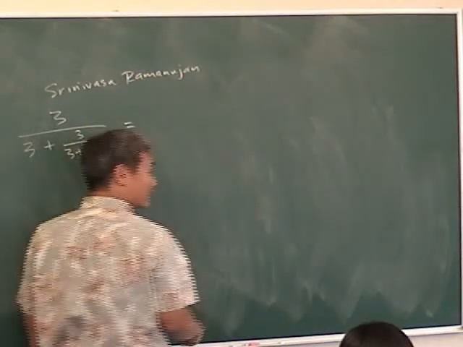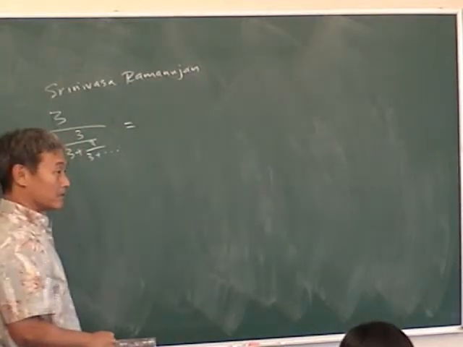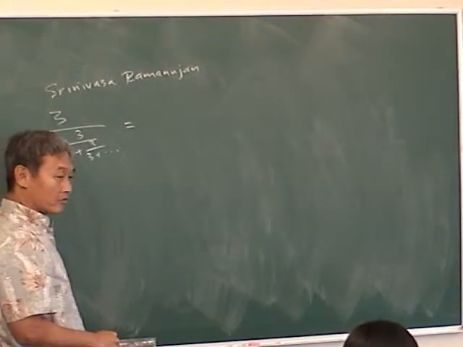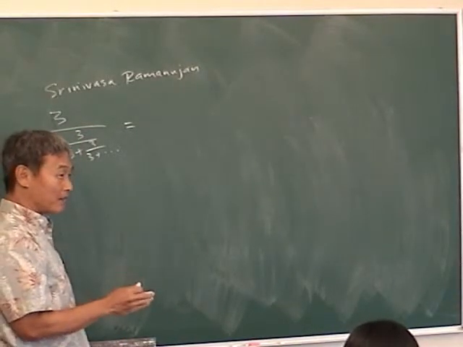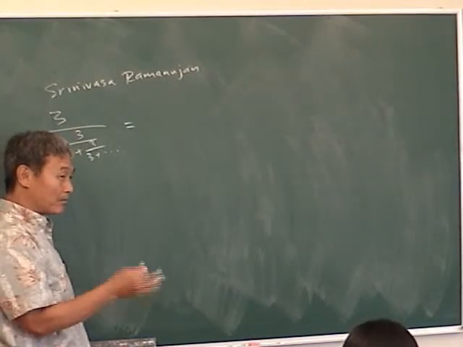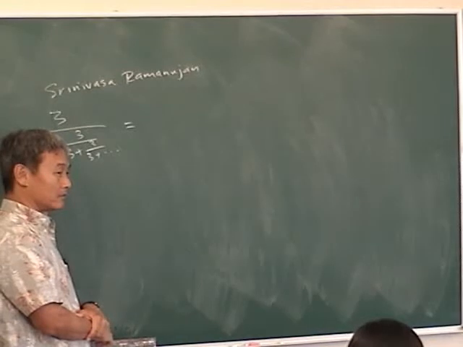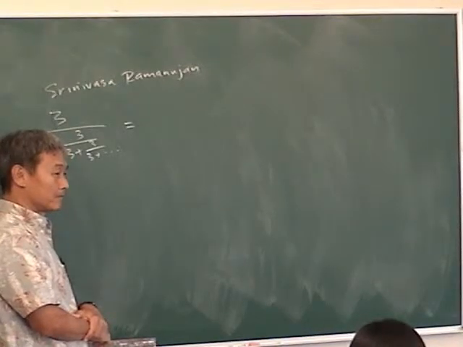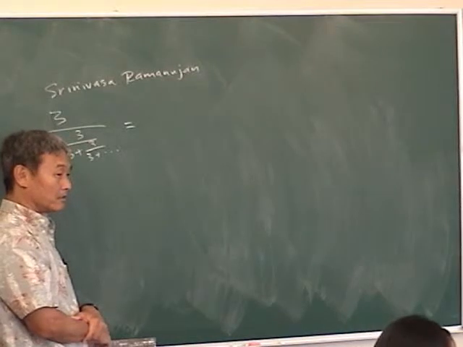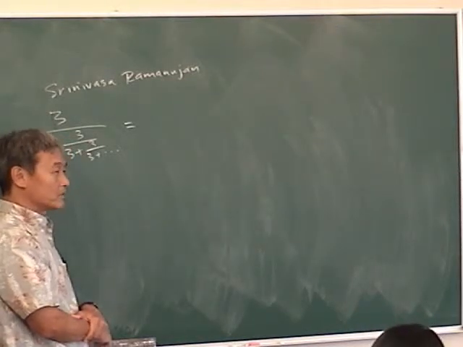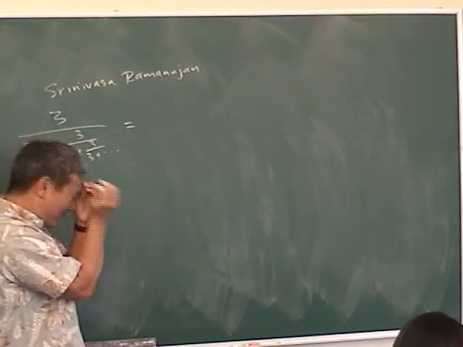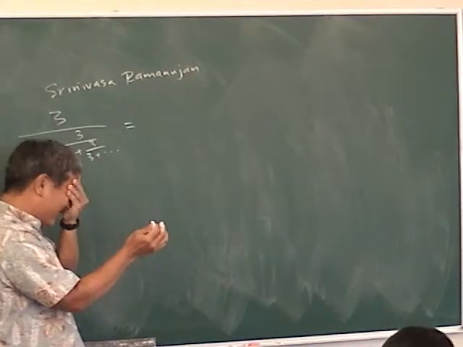You guys ever watch the show Numbers? You ever heard of the show Numbers, where they use mathematics to solve crimes? Well, one of the people in there, her name is Ramanujan. What was her first name? Kristen? I thought you said you watched it. What's her name? It's on the tip of my tongue.